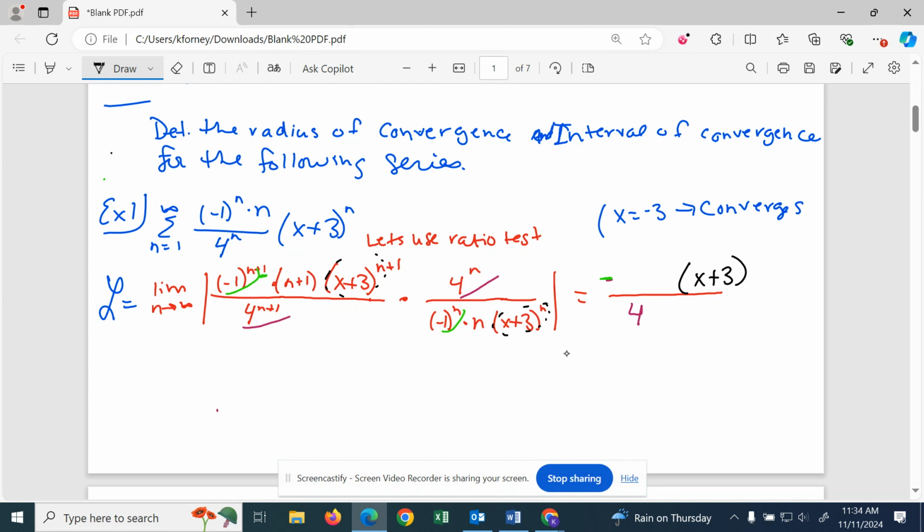Then we also have the n plus 1 that doesn't have anything to go with, and then this n right here.